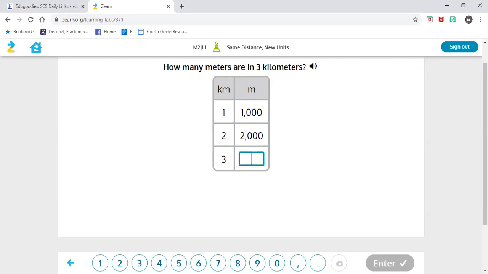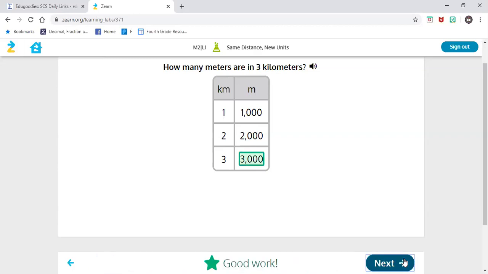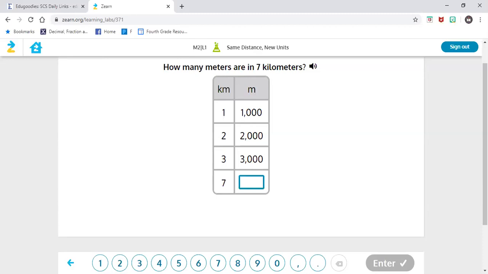Okay, so if we continue with the same pattern, 1 kilometer, 1,000, 2 kilometers, 2,000, 3 kilometers will have how many meters? 3,000. Okay, so for every, and this is the ratio, for every 1 kilometer, we have 1,000 meters.